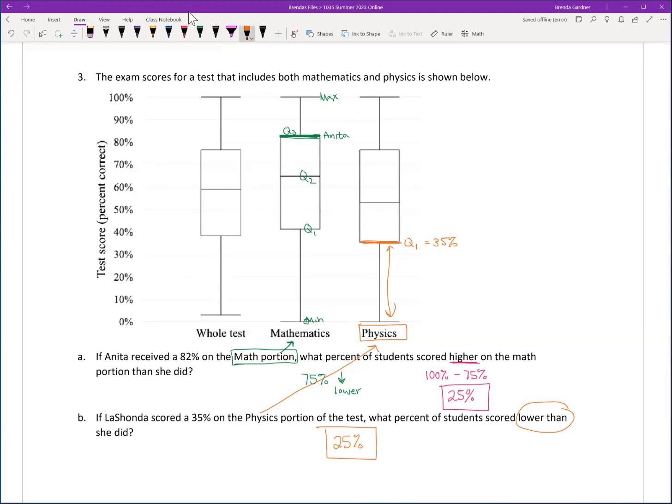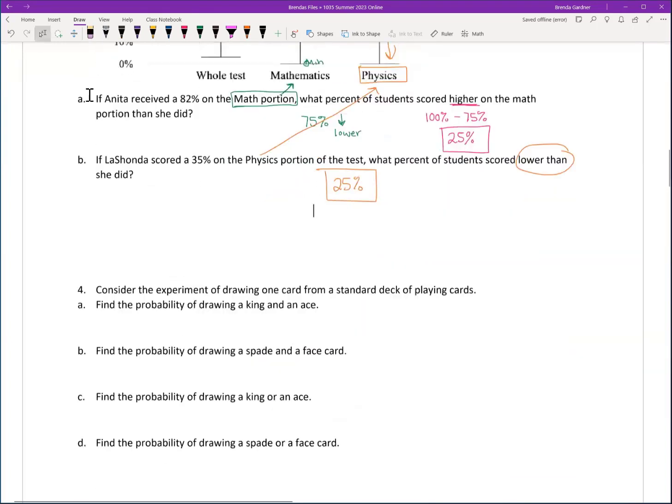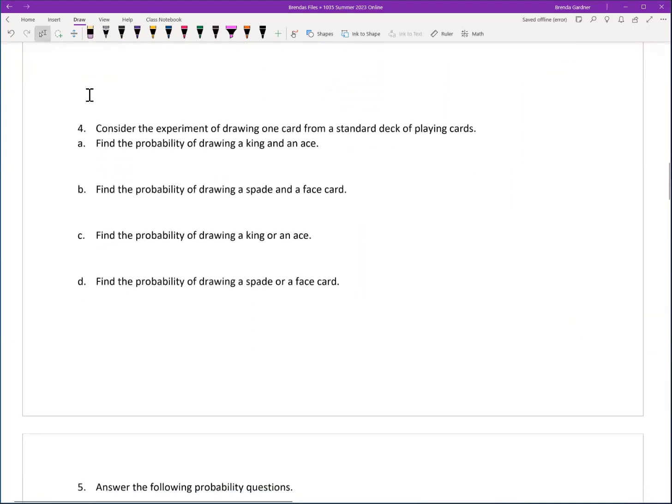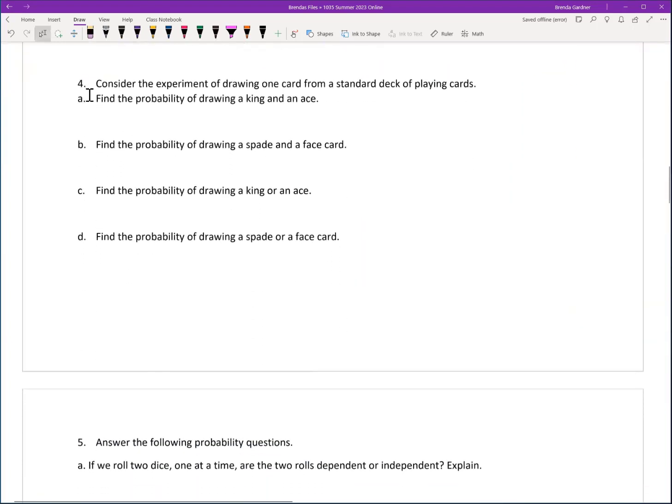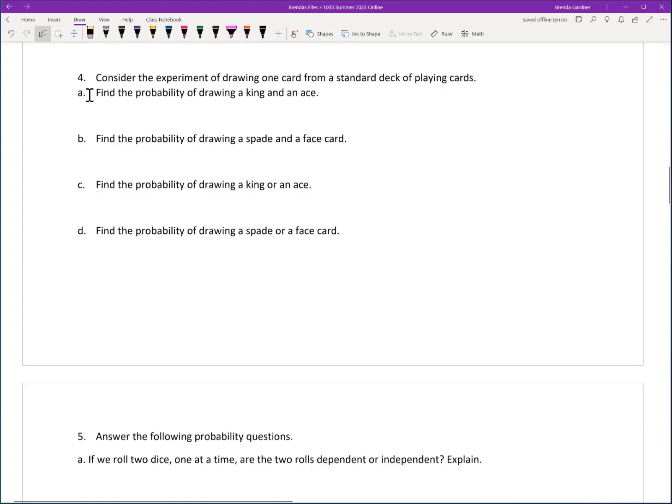All right, moving on to question 4. We're going to talk about probability here. Let me just mention on this one, even though I have this on the practice exam or review, I don't usually ask these questions on an exam unless I give you a picture, similar to when you did the exercises.